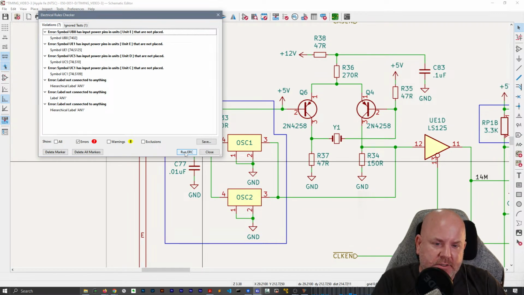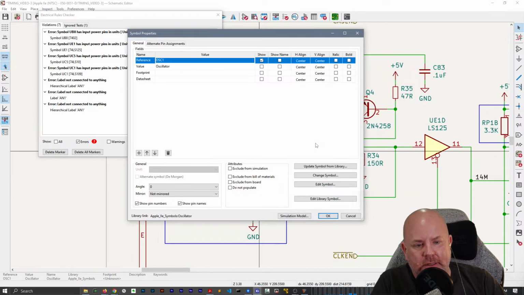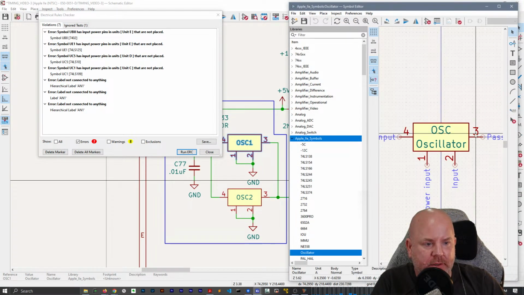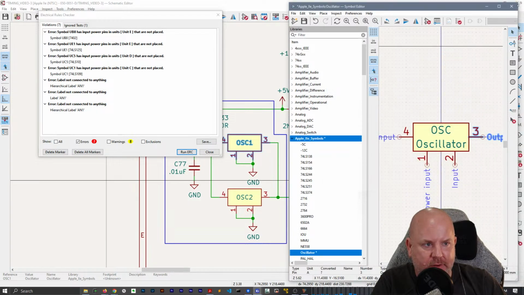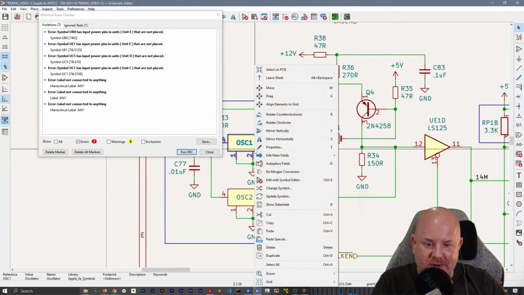Yeah, I guess we could have actually used the net tie there. Okay. That's what we should have done. It deviates from the Apple II schematic, but I think that's better. I would rather have this actually be listed as an output, because I'm confident that it is. So that probably means it's not.